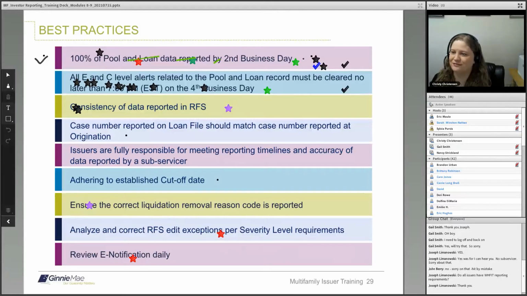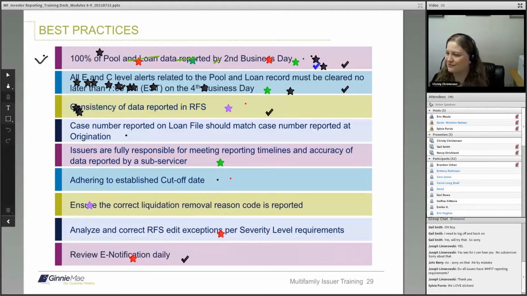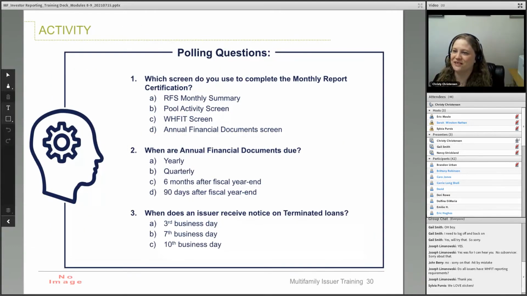Wonderful. Get all those great stickers. That's great. Thank you, Sylvia. Yes, we love all the stickers. It's wonderful. Okay, thank you so much. Sarah, could you please post the first polling question?